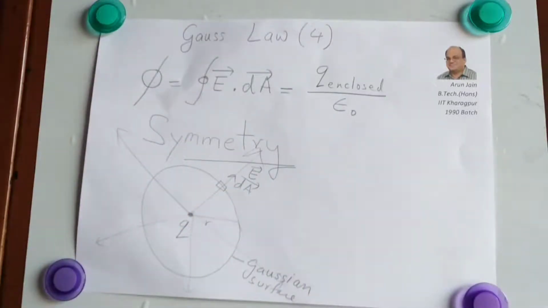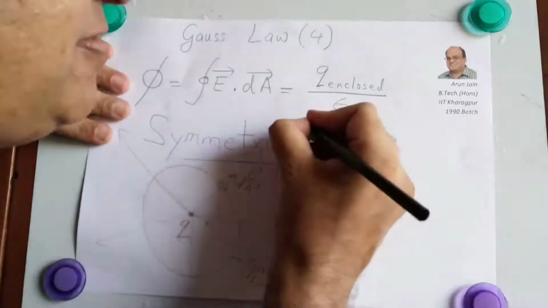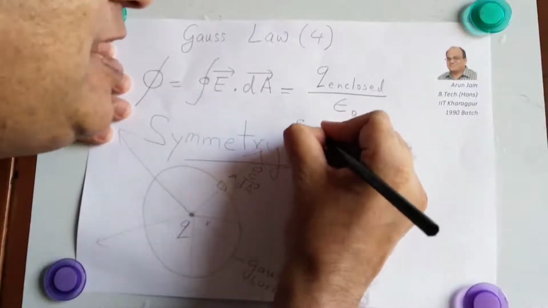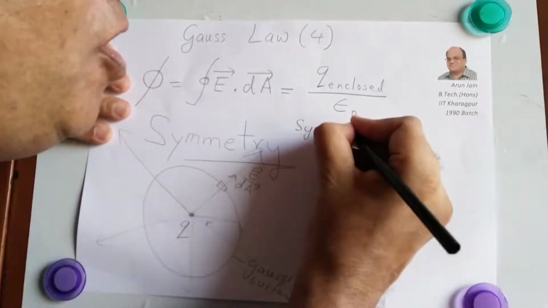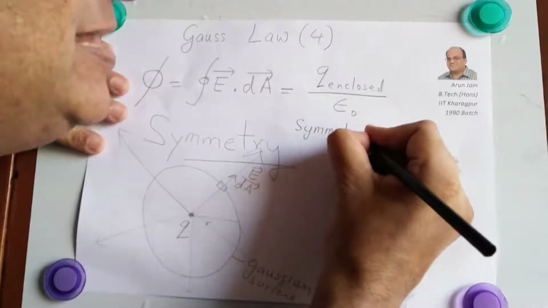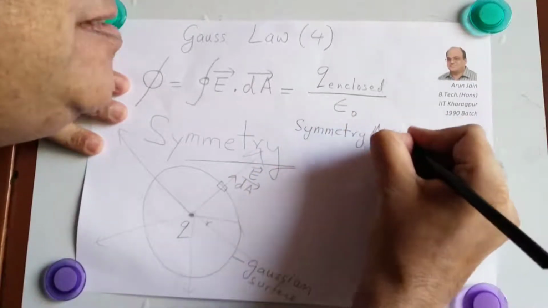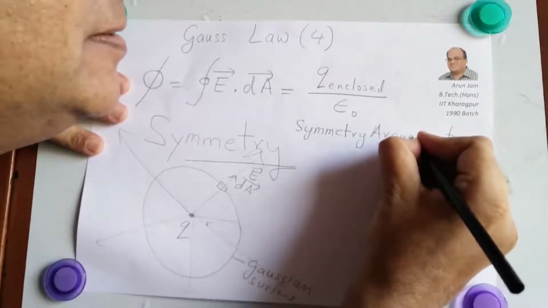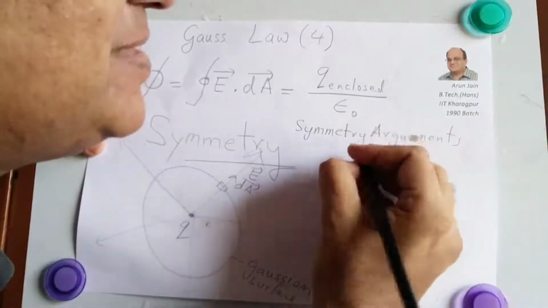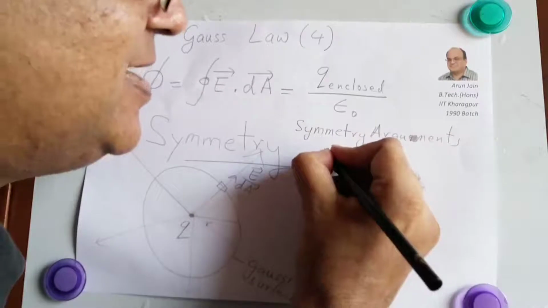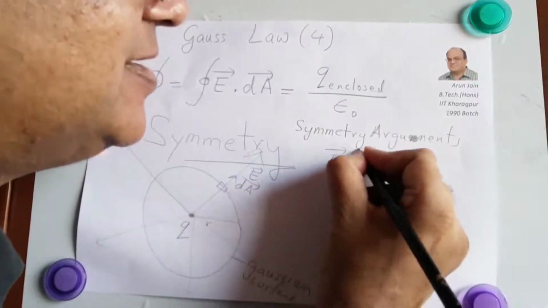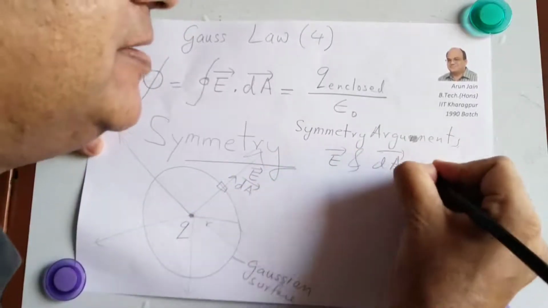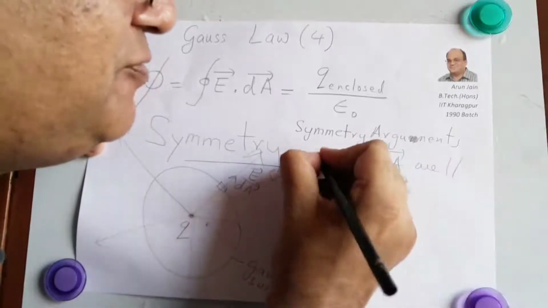So at every point, E vector and dA vector are parallel. That is the first symmetry argument.